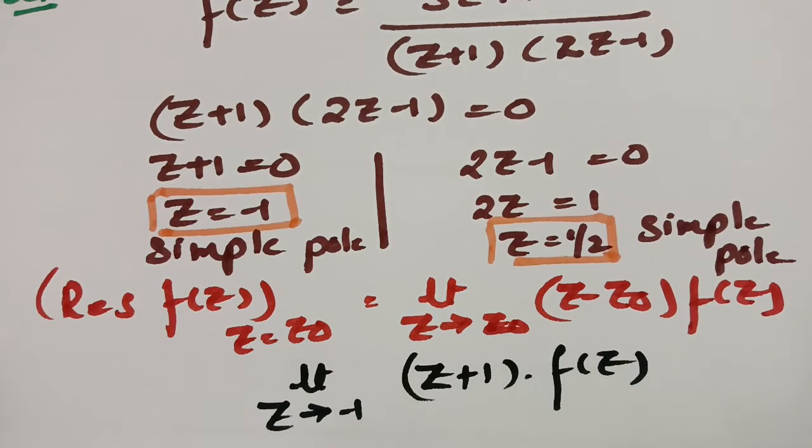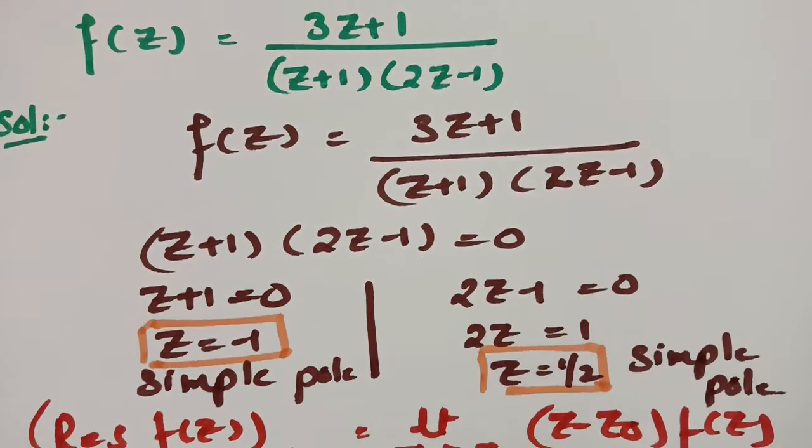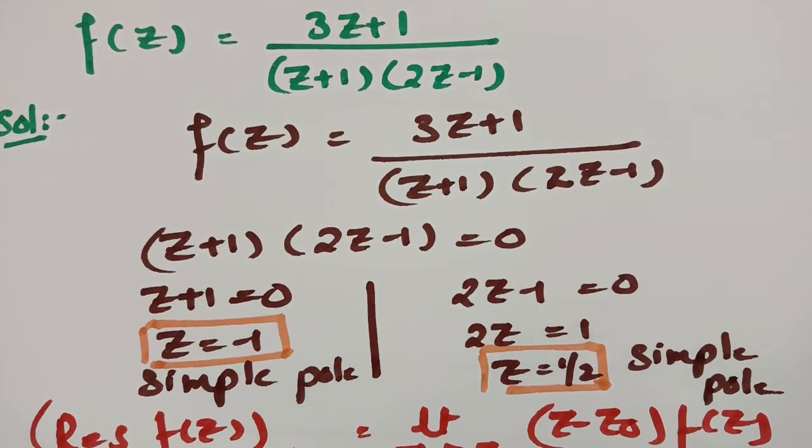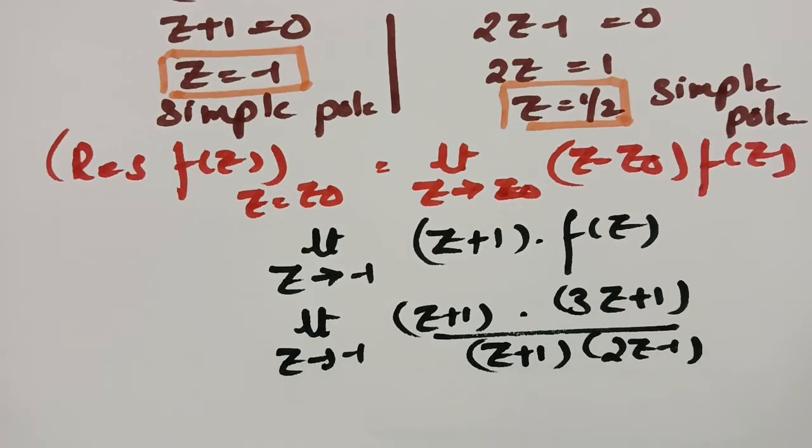What is our f(z) value? f(z) is nothing but (3z + 1) / ((z + 1)(2z - 1)).